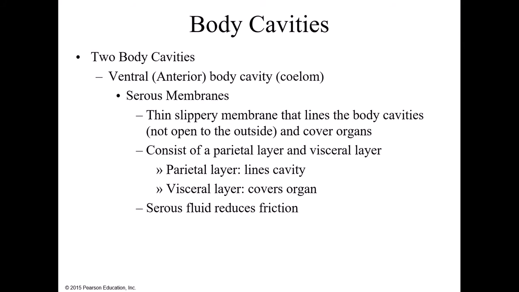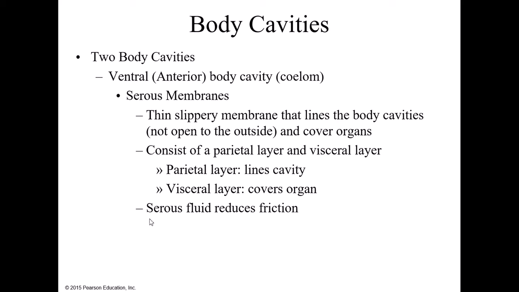So before I get into breaking down the cavities a little bit more, I want to just let you know that the anterior body cavity has these serous membranes. This is a membrane that produces a thin, slippery fluid, and we see these serous membranes on these body cavities. They actually line the cavity wall as well as covering the organ.